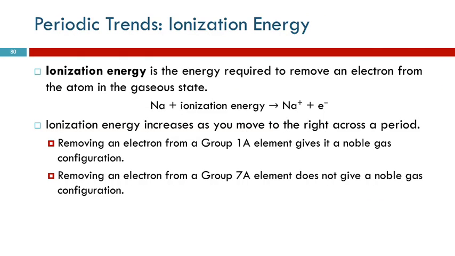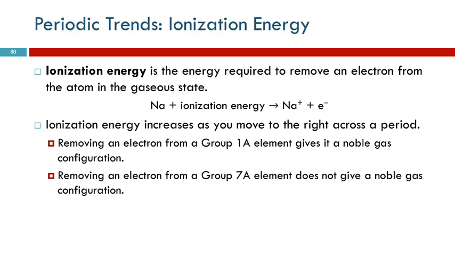Another trend is ionization energy. What the heck is ionization energy? That's the energy needed to remove an electron from an atom in the gaseous state. So to make an ion out of sodium, we have to remove an electron. So sodium plus some amount of energy gives us a sodium ion and an electron. The sweater does not fall off of sodium.